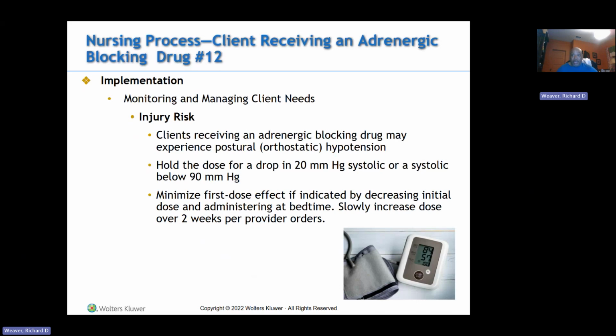If you gave it during the daytime, when they'll likely be up more walking around, they can sustain injuries. The physician or healthcare provider will slowly increase the dose over 2 weeks and allow the person's body to get used to the drug. All right, that's what that's all about.